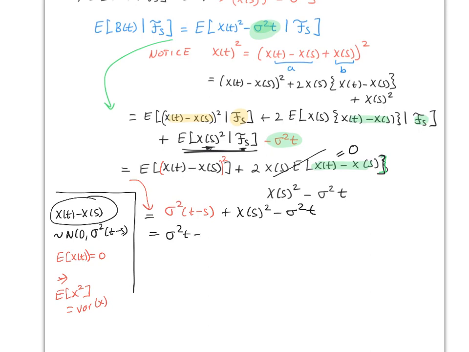You break this into two pieces, you end up with this, where clearly this and this cancel. So the only thing you have left is x of s squared minus sigma squared s, which is just b of s, and that's what we wanted to show, and that's it.